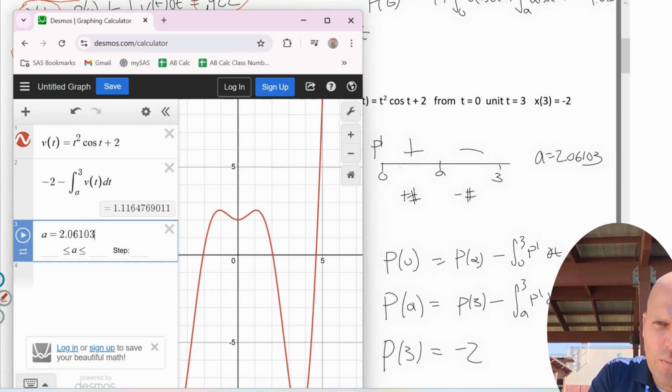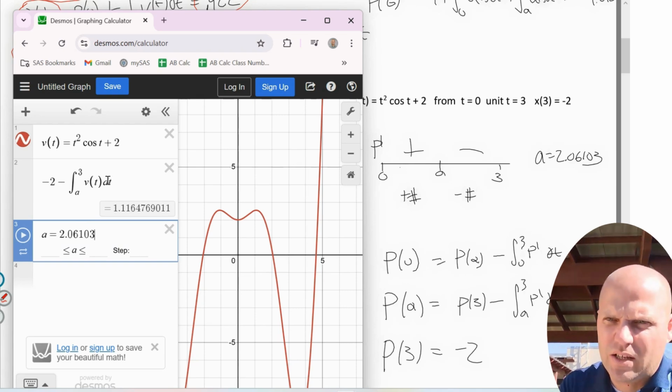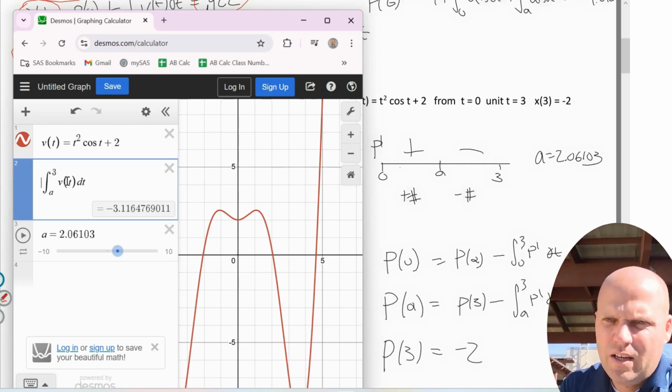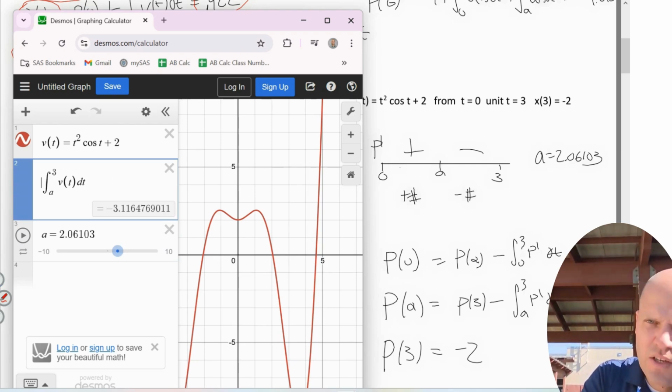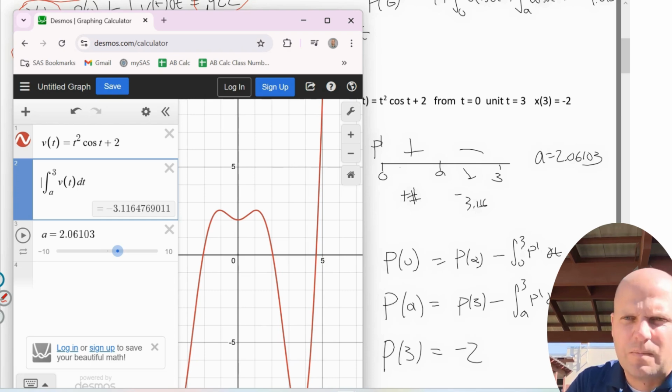This position is 1.116 because I decrease 3.116. Cool. So 1.116 minus 3.116 gives me -2.